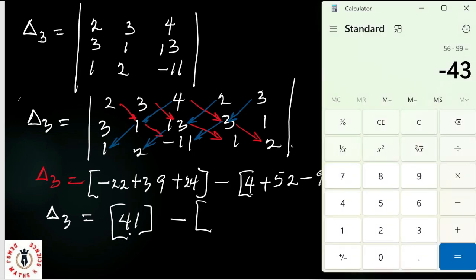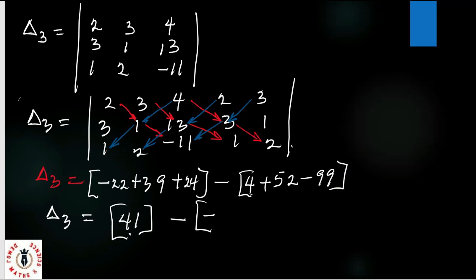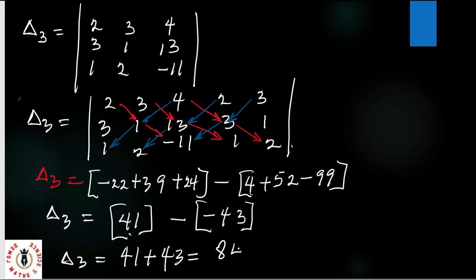That's minus 43. Now this delta 3 will be the same thing as 41 plus 43, which equals 84.